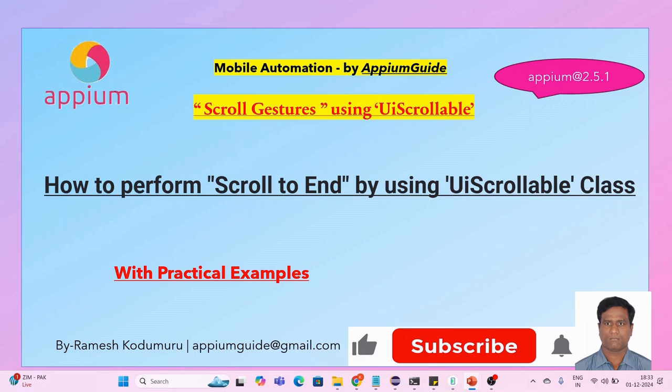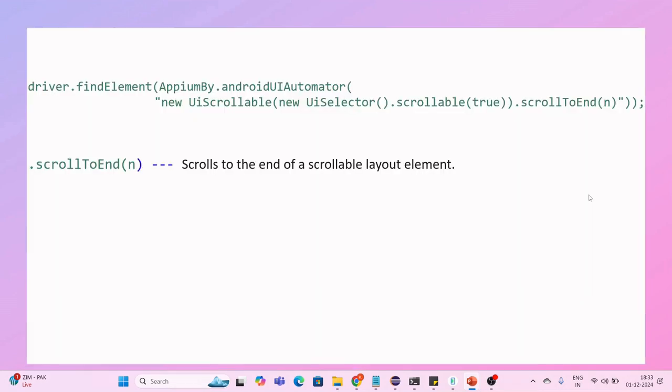As a part of our series Scroll Gestures using UiScrollable, in this video we'll discuss how to perform scroll to end by using the UiScrollable class. We have to use the method called scrollToEnd. This is the code: new UiScrollable, new UiSelector dot scrollable true, dot scrollToEnd method I had to use here.